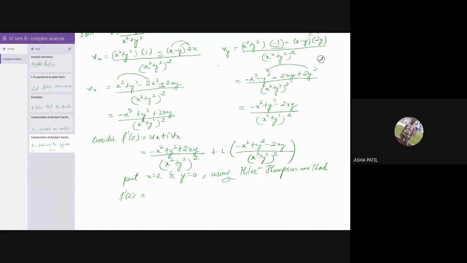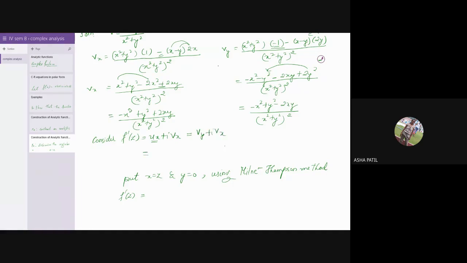Wait, I didn't use the CR equations, right? Ux plus i Vx is there. Ux we don't know, so I have to wait. I'll write it once again. I didn't write the CR equations here. Ux plus i Vx is there. We don't know Ux, so instead of Ux, what do you have to write? What is Ux equal to? Vy, ma'am. Yes, so write Vy plus i Vx.